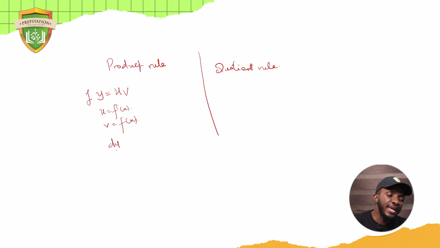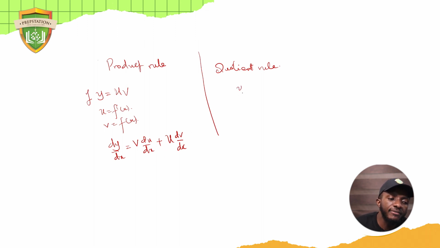So dy dx is equal to v du dx plus u dv dx. It means we take one function, differentiate the other one, plus take the other function and differentiate the first one. That's the product rule.